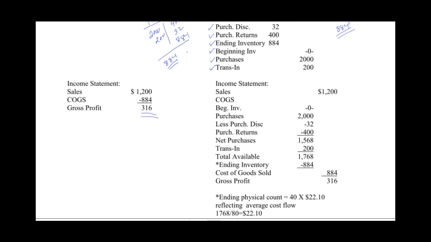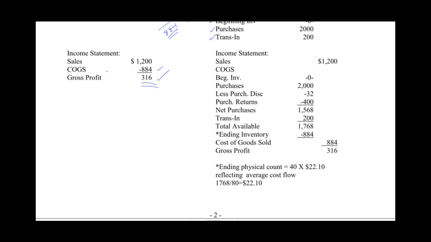And when you compare the income statements, you'll see we're at the same place. Under the perpetual method, we just have one number for inventory cost, and that's the 884 from our cost of goods sold entry, leaving us with 316 of gross profit. When you look at the income statement for the periodic system, you have the sale.